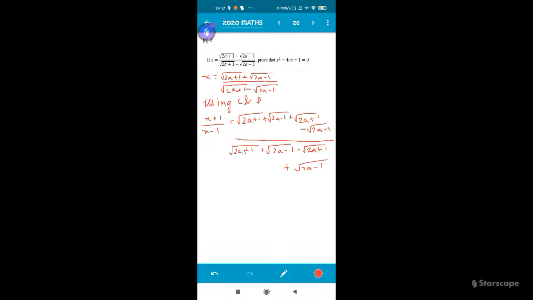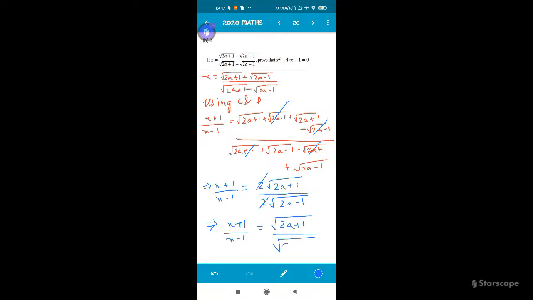Let's see what all we can cancel. We can cancel this and we can also cancel this. So we are left with x plus 1 divided by x minus 1 is equal to 2 into square root of 2a plus 1 divided by 2 into square root of 2a minus 1. So this 2 and 2 get cancelled out. So we have x plus 1 divided by x minus 1 is equal to square root of 2a plus 1 divided by square root of 2a minus 1.